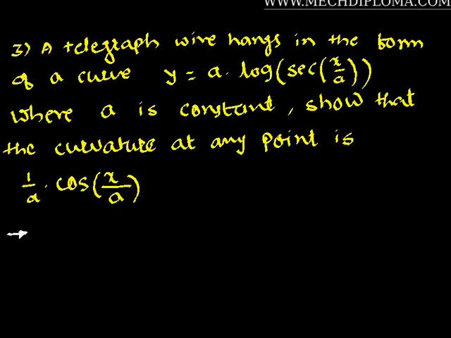The equation of the curve is given as y is equal to a into log sec x upon a, where a is a constant. We have to prove that the curvature at any point is, and in the initial video I explained that curvature is the reciprocal of the radius of curvature, that is 1 upon rho.